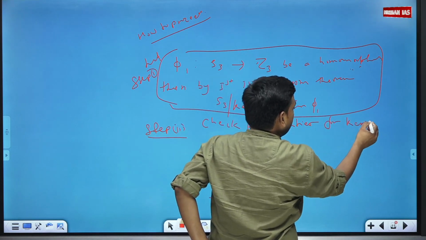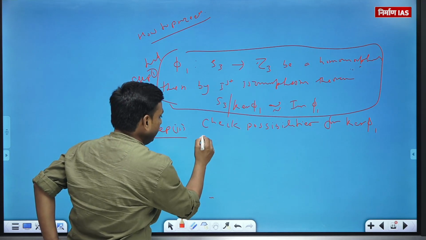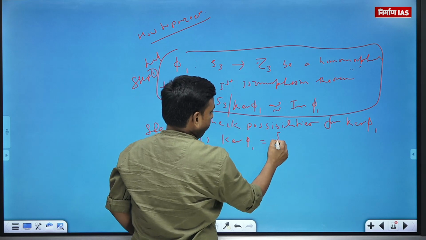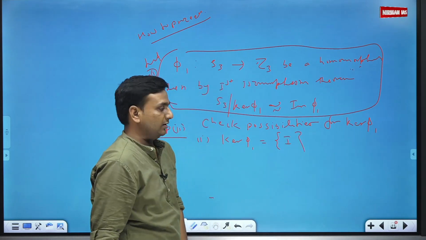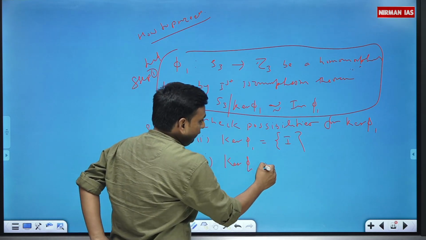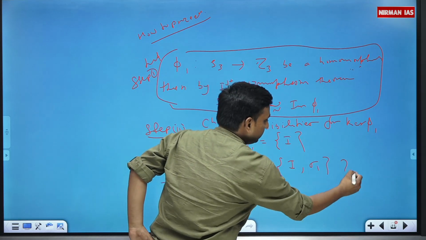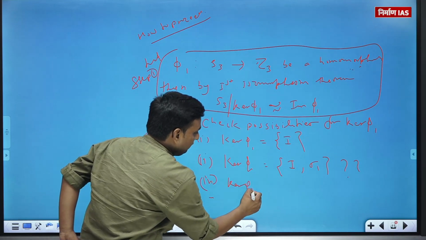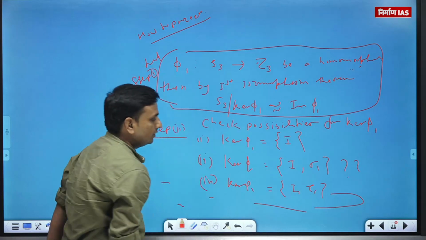So for kernel phi, case number 1, let's say it is trivial. It is the identity element only. Second, let's say kernel phi is something other than the identity.